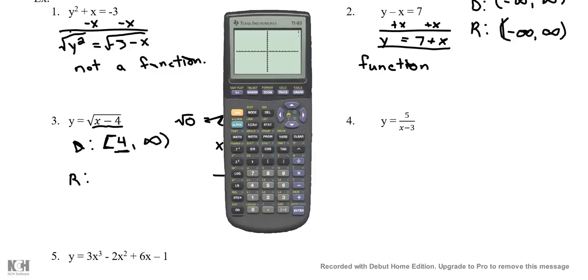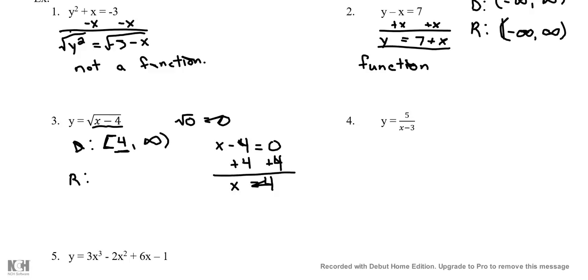Now that I know the bare minimum for my domain, I can look back at the graph and see that if I plug in 4, I'm going to get 0, because my y value at that starting point, I've gone up or down none, so my y value is 0. Similarly, I can take this 4, plug it into my function. The square root of 4 minus 4 would be the square root of 0, which is 0.